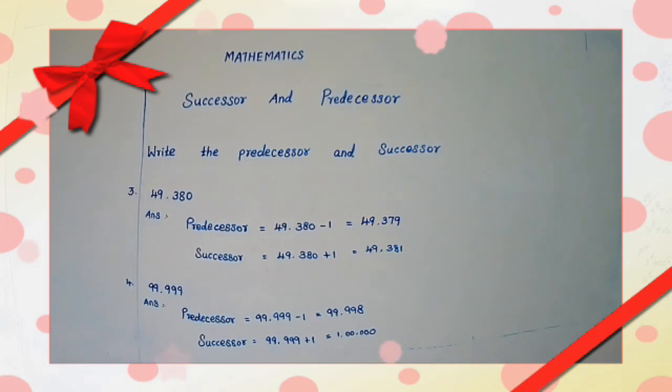Predecessor is equal to 99,999 minus 1 is equal to 99,998.